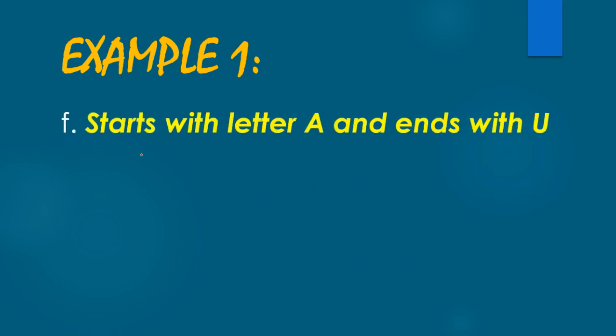And then if we need to start with letter A and then end with letter U. So again, we have 1, 2, 3, 4, 5, 6, 7 letters. If the first letter is A and it ends with U, so it's already 1 times.